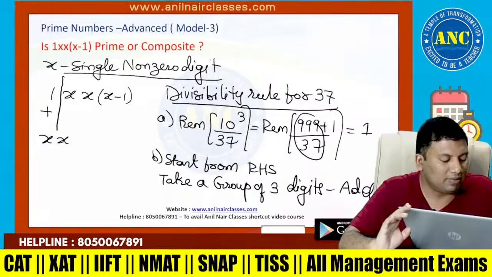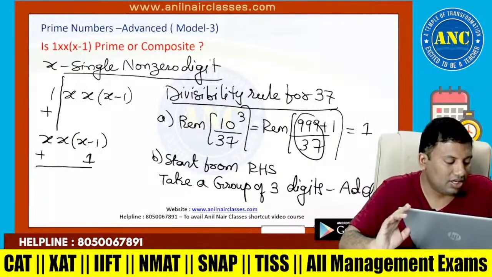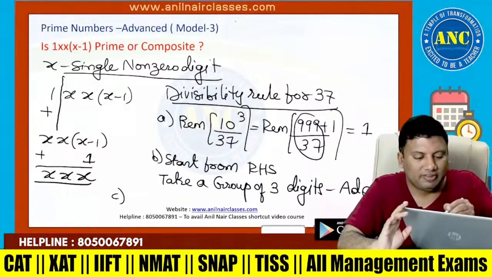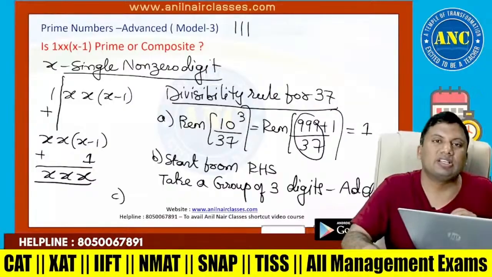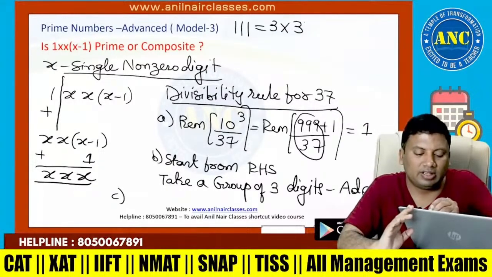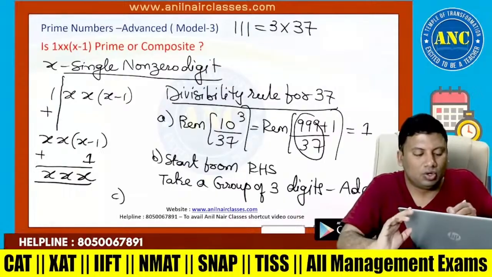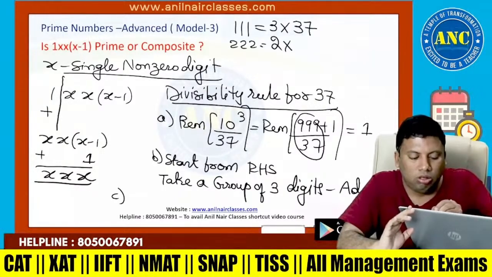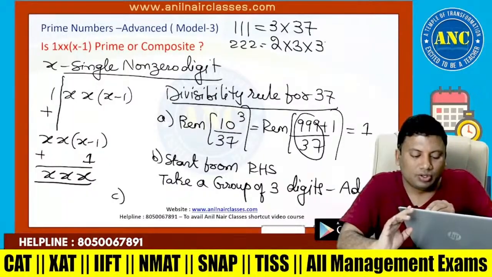This is nothing but x, x minus 1 plus 1, which is xxx. Third point: suppose it is 111, x written thrice. 111 is nothing but 3 into 37. 222 is 2 into 3 into 37.